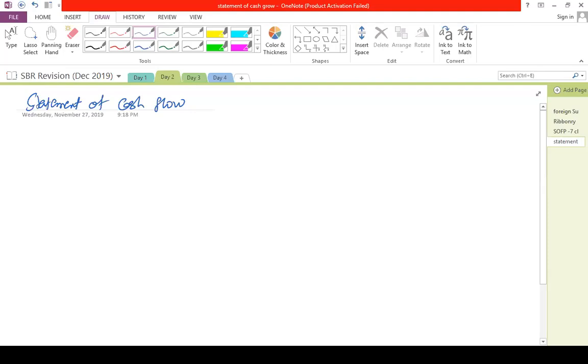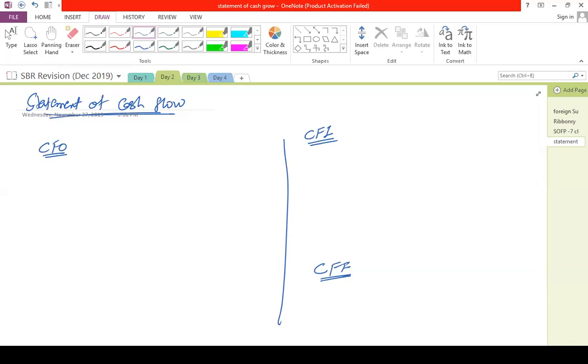So now we are starting the statement of cash flows. In the statement of cash flows, there are three headings: cash flow from operating activities, cash flow from investing activities, and cash flow from financing activities. These are the three main headings that we include. Financing activities mainly belong to the area of equity and non-current liability.